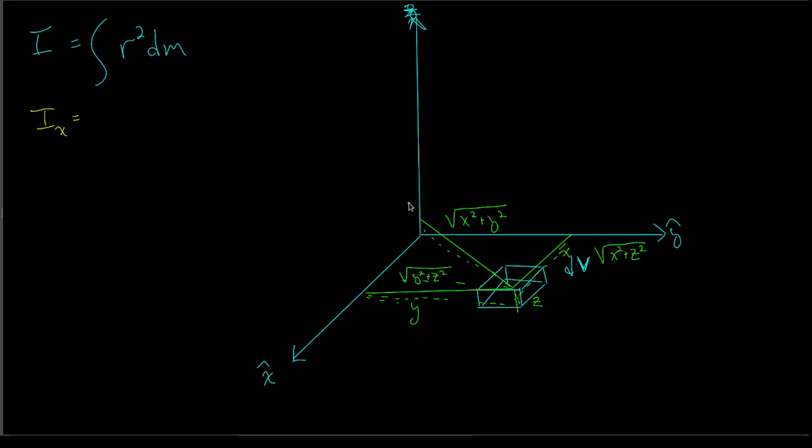Then we'll want to add up all of the mass elements to take care of the dm. And so that means we need to add up all the mass elements of a given density.